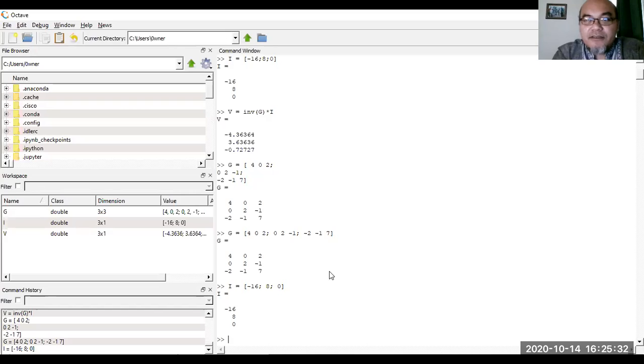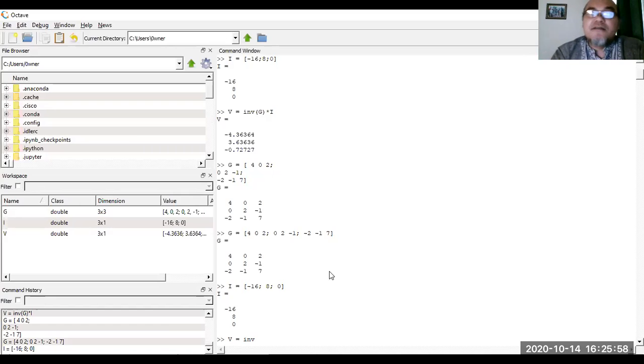As what we have calculated on the whiteboard, the voltage is obtained by multiplying the inverse of the matrix G with the current column matrix, from the front. So here V will be equal to inverse.